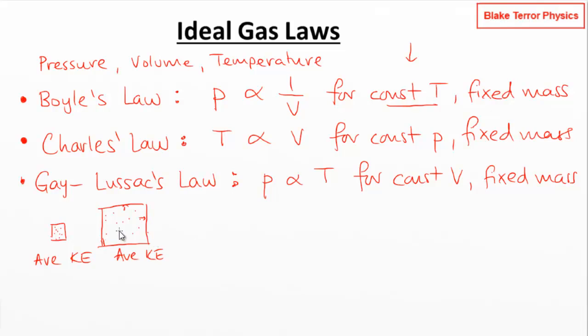So in order to maintain the pressure as we go from small volume to large volume, the temperature has to increase. It's the only way we can actually do it.